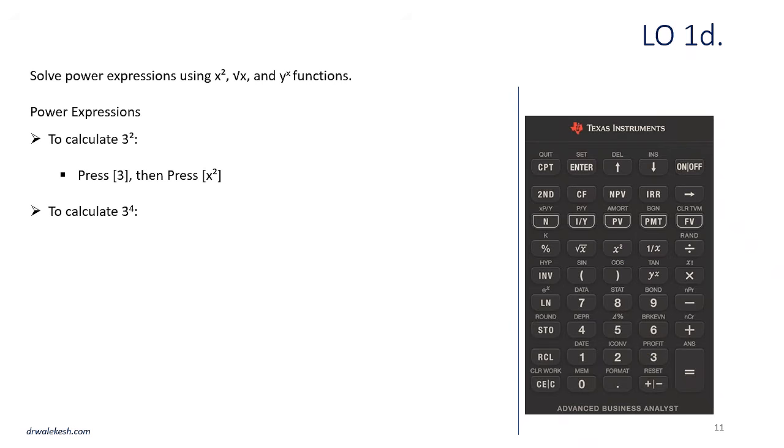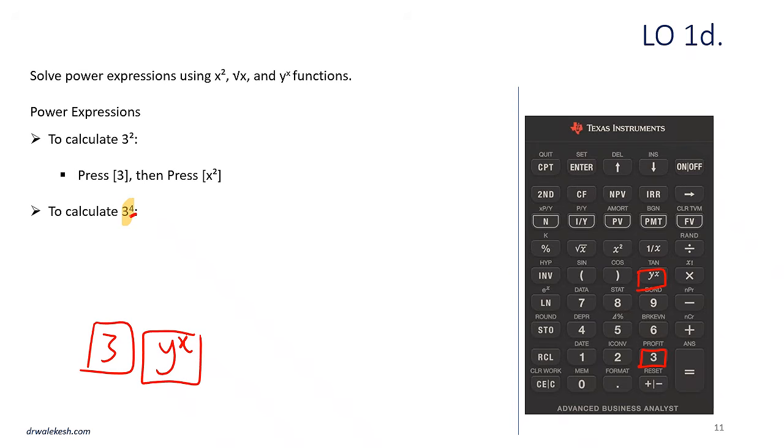Still moving on, to compute 3 raised to power 4, I expect you to press 3, which is this. Then you would press yx, that is y raised to power x.